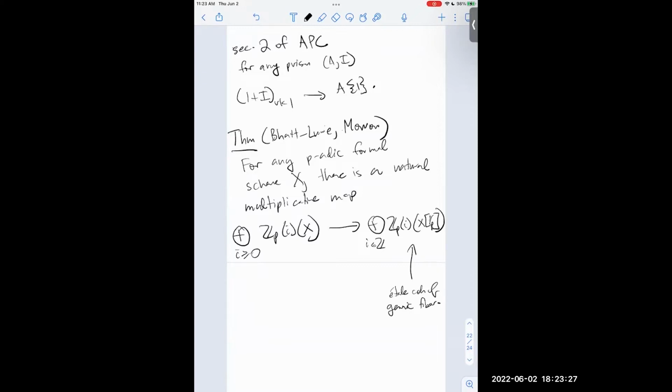So this is the analog of the period map in the Fontaine-Messing and Kato theory, from syntomic complexes to étale cohomology of the generic fiber.